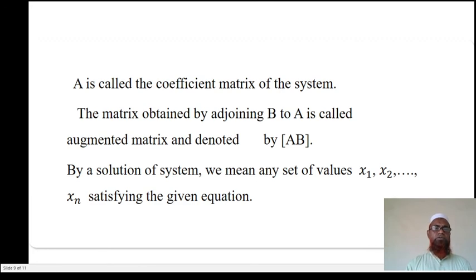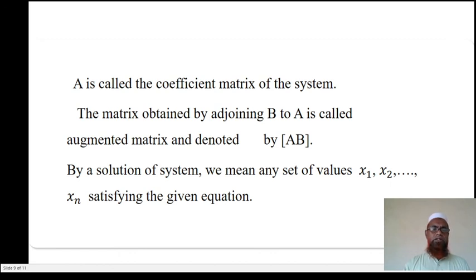A is called the coefficient matrix of the system, since A is constituted by taking the coefficients of the unknowns x1, x2, dash dash, xn in each equation, and the coefficients of a particular equation are the elements of that particular row. So A is called the coefficient matrix of the system.